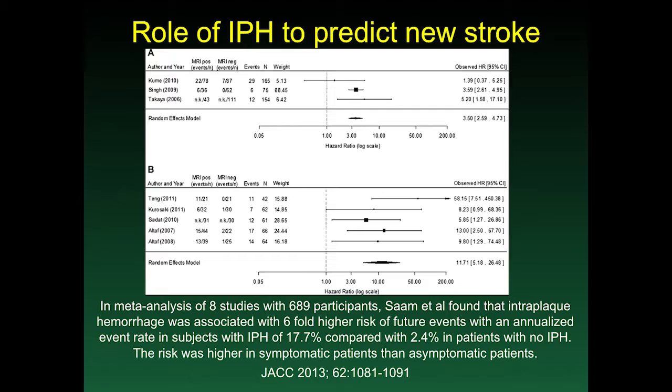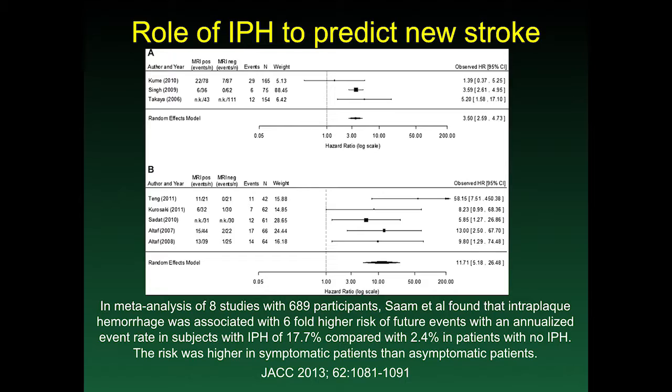In the same way, the intraplaque hemorrhage is the end stage of vulnerable plaque, and Tobias Sam reviewed 8 studies, again, about 700 patients, and he found there was a 6-fold higher risk of future events, with an annualized event rate in subjects that did have intraplaque hemorrhage of almost 18% compared to a little over 2% if you didn't have plaque hemorrhage.